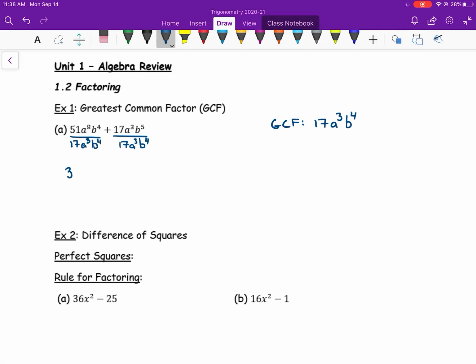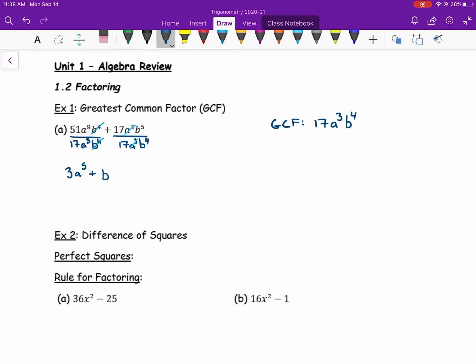Then a to the 8th divided by a cubed is a to the 5th, and then the B's will cancel out. And then 17 divided by 17 is 1. A cubed divided by A cubed cancels out. And then I'm left with b.